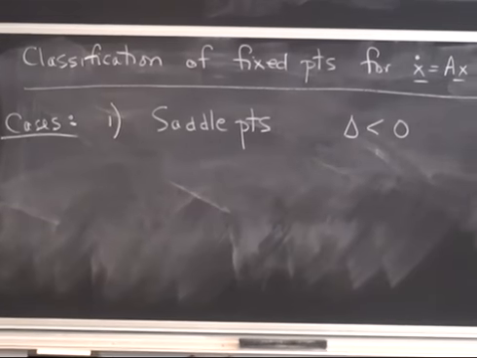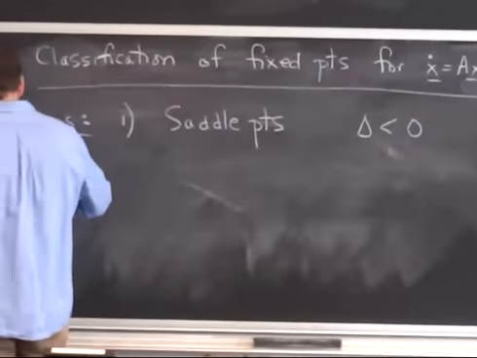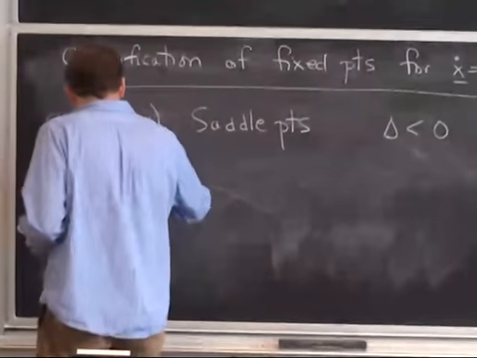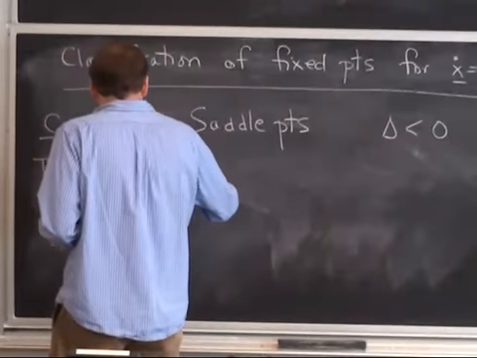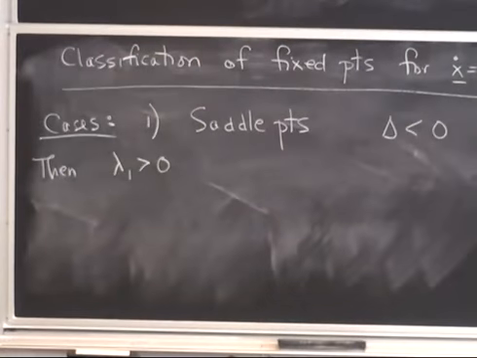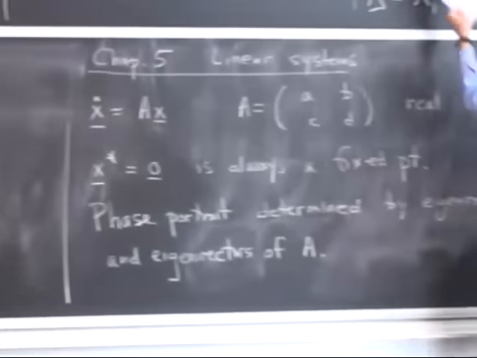It's a saddle point. That is, if you have a negative determinant, then one of the lambdas will be positive. Let's look at our formula over here. Suppose delta is negative. When you look at the square root, you have tau squared minus a negative quantity, so the thing inside the square root will be positive. There's no issue of imaginary or complex roots.